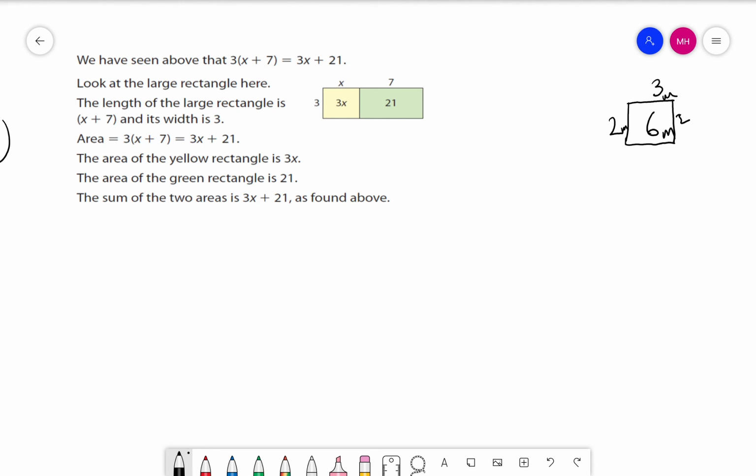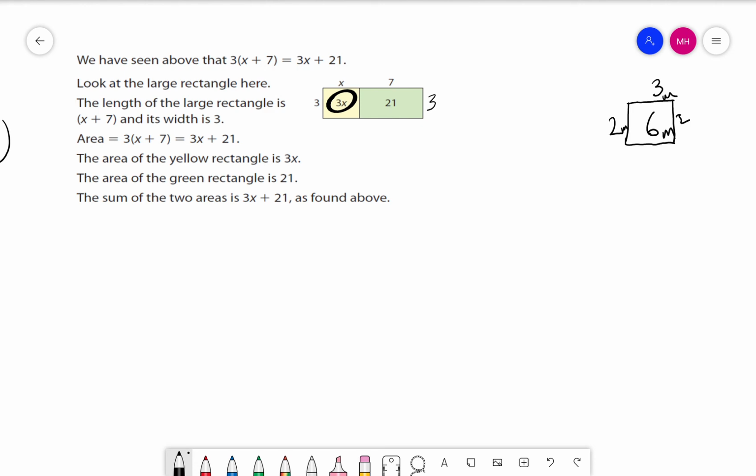If you had a room that was 3 long and x long, what would the area of that room be? Well, it would be length by width. It would be 3 multiplied by x is 3x. And if another room beside it was 7 long, and now if this room is 3, this here is also 3.